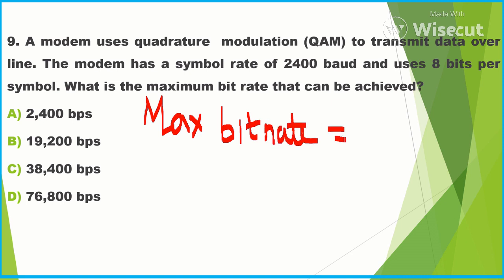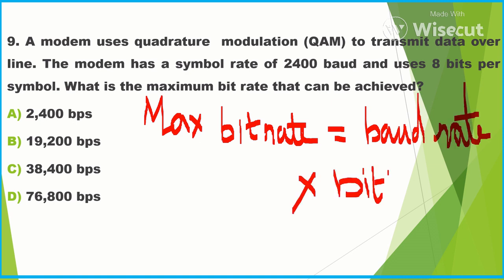Maximum bit rate is equal to baud rate, B-A-U-D, times bits per symbol. So now it is direct, you can substitute and find out the answer. That is equal to 2400 baud into 8 bits per symbol. That will be equal to 19,200 bits per second. So this is the correct answer.